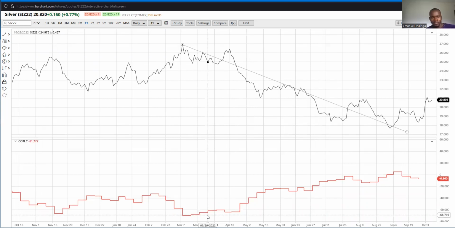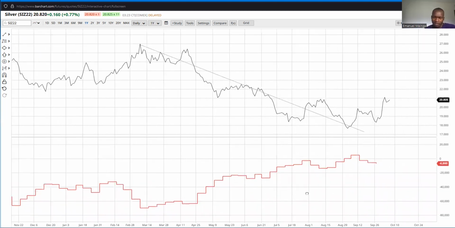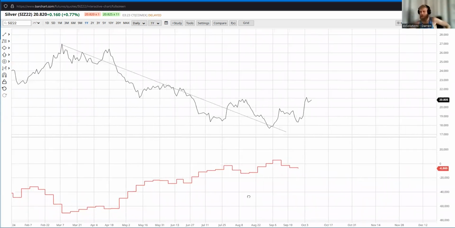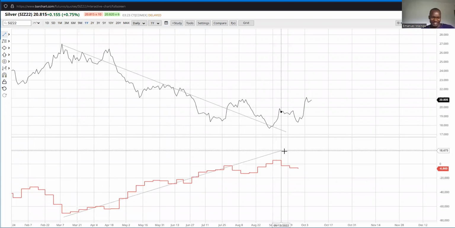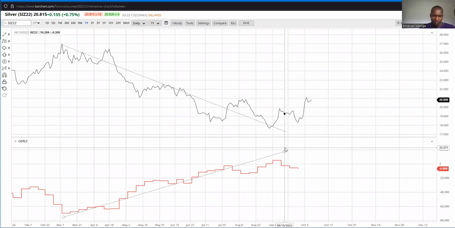It has? Selling? How does that look like selling? It's moving down, isn't it? The chart data, the price, the candlesticks are selling. But what's happening to the COT data? Buying. Yes, buying.